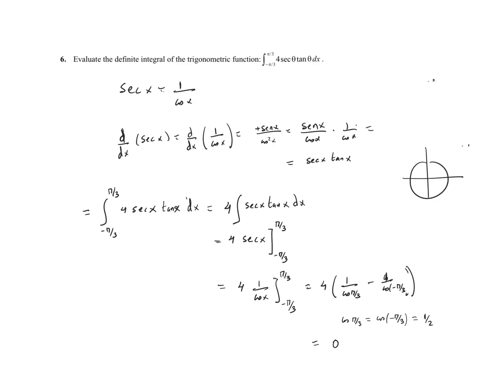Remember that cosine of pi divided by 3 is this side, okay? And cosine of minus pi divided by 3 is the same side. So pi divided by 3 and minus pi divided by 3 have the same cosine. So you make the difference of the same thing, so this will be 0. Let's go to the next.